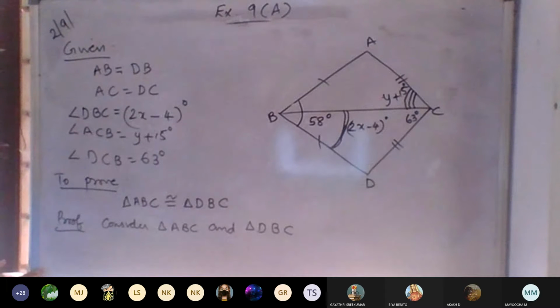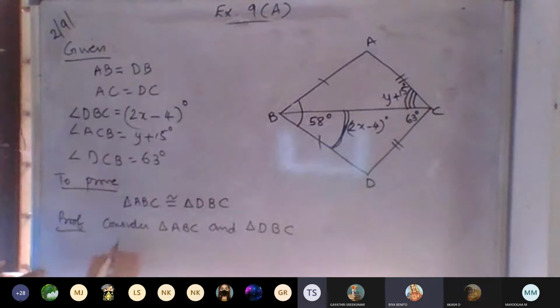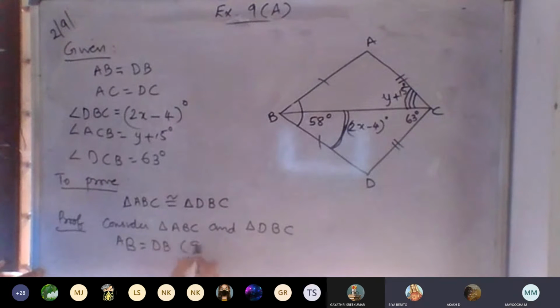How can we find the congruency? AB is equal to DB, given. Then AC is equal to DC, given.